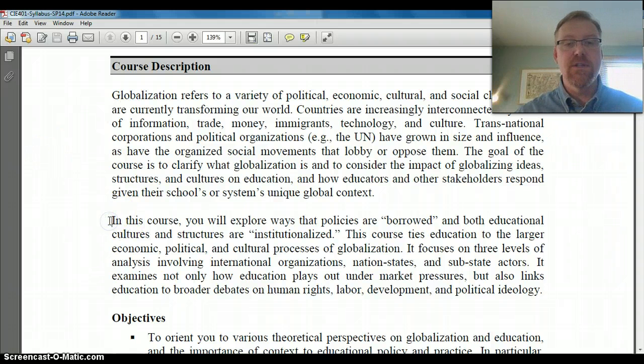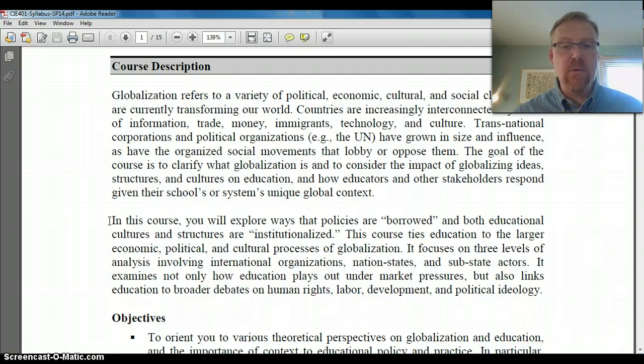So in this course, you will explore ways that policies are borrowed, and both educational cultures and structures are institutionalized. This course ties education to the larger economic, political, and cultural processes of globalization. It focuses on 3 levels of analysis involving international organizations, nation-states, and sub-state actors.